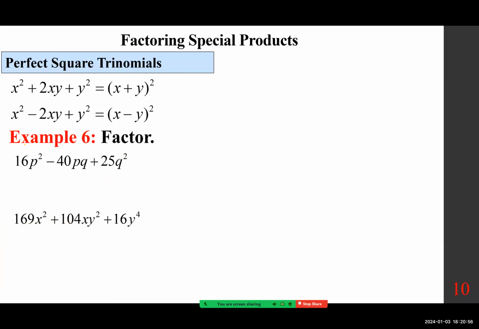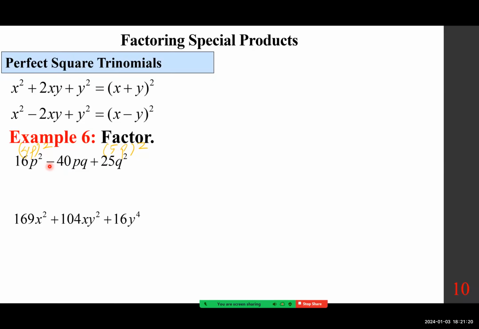So this one is 4p quantity squared. This is 5q quantity squared. Now, if you multiply these two without the square, and then times 2, 4p times 5q, you get 20pq, times 2, you get 40pq.